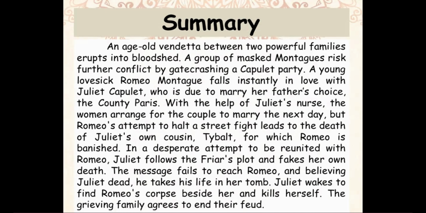In a desperate attempt to be reunited with Romeo, Juliet follows the prior's plot and fakes her own death. The message fails to reach Romeo, and believing Juliet dead, he takes his life in her tomb. Juliet wakes to find Romeo's corpse beside her and kills herself. The grieving family agrees to end their feud.